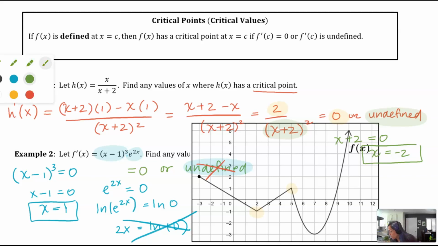And then something like our vertex there, where we switch from decreasing to increasing on that parabola looking part of this graph, that would have a slope of 0. That would be when our first derivative is 0. So when we're solving for these critical points, we're finding all of these places where potentially our graph could have changed from increasing to decreasing or vice versa.